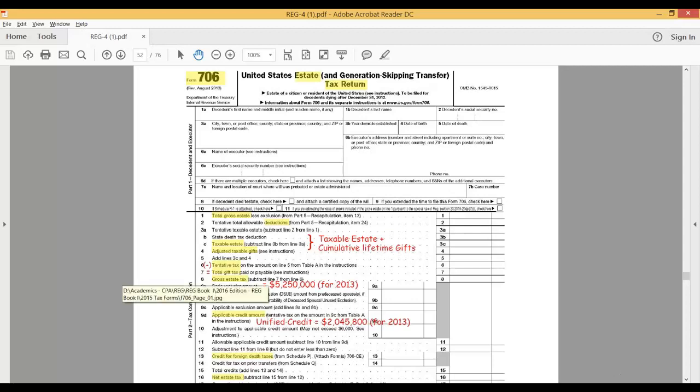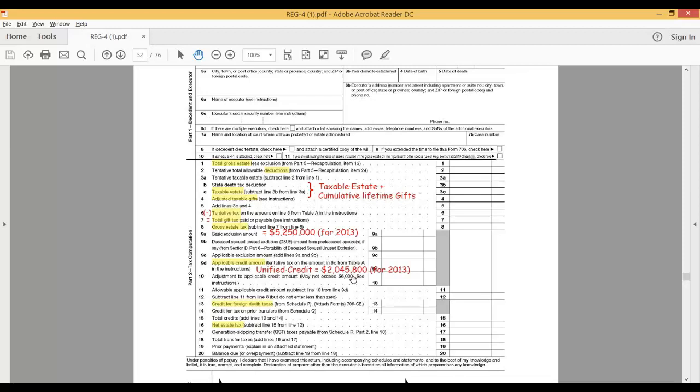the steps that we showed on the slide, that's included in lines 1 through 8, where you have your total gross estate, your prior gifts, the cumulative gifts that you have made to date, on which you compute, using a unified tax rate, your tentative tax, and then you apply your unified credit.